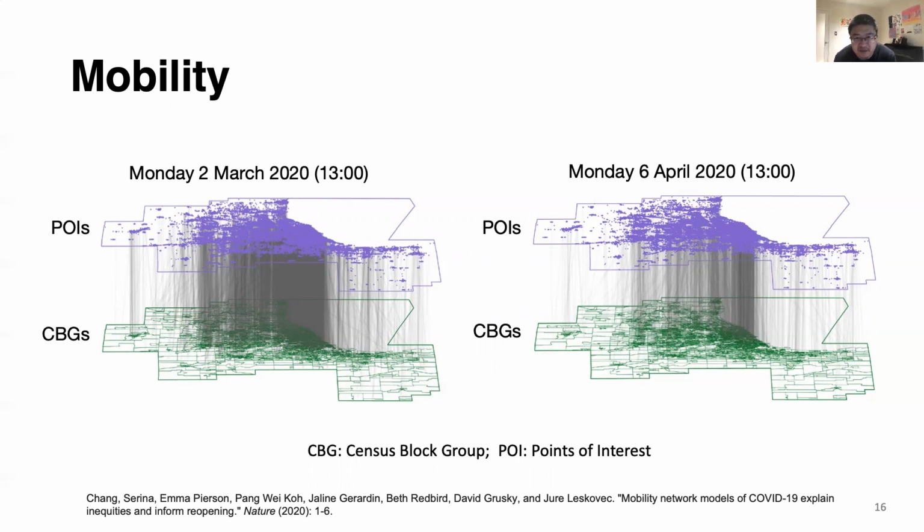And we can see visits dropped markedly from March to April, as indicated by the lower density of gray lines. And mobility networks in Chicago from the metro area are shown for 1 p.m. on 2 Mondays, March 2nd, 2020, and April 6, 2020.